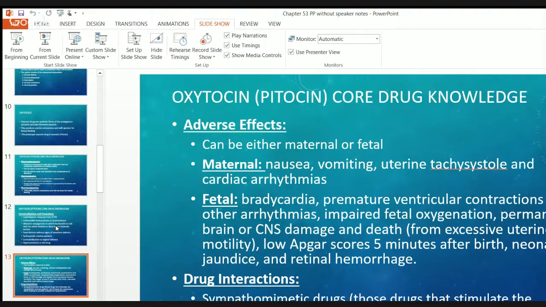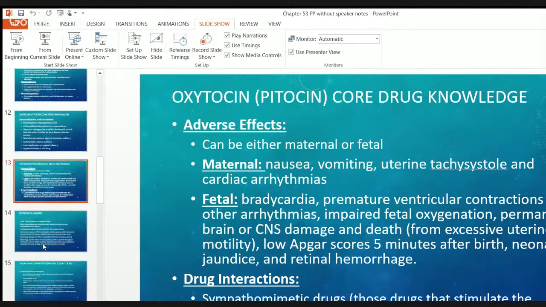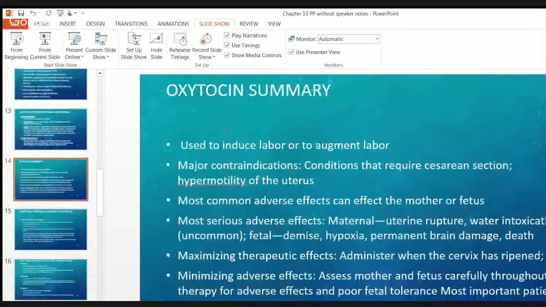And when we look at drug interactions, sympathomimetic drugs that stimulate the sympathetic nervous system can increase the vasopressor effect, leading to possible postpartum hypertension. So that's something we definitely have to monitor for.